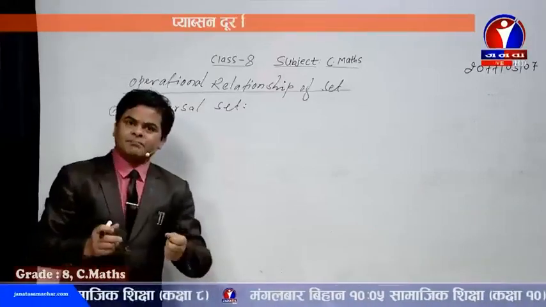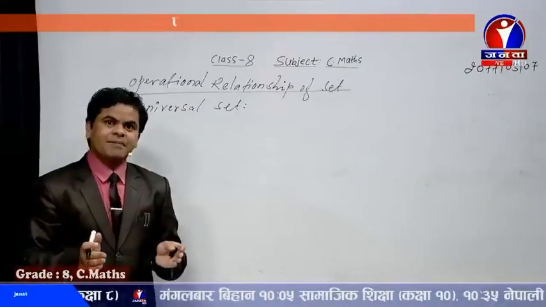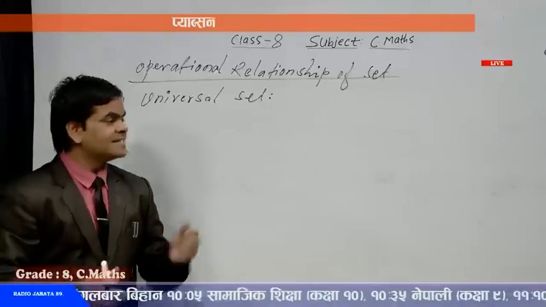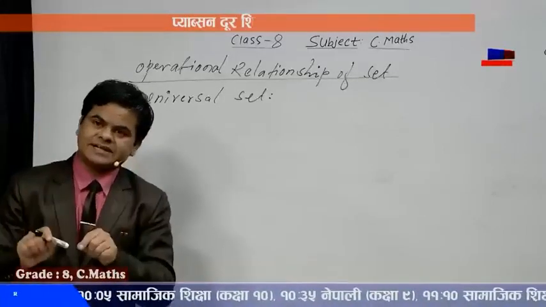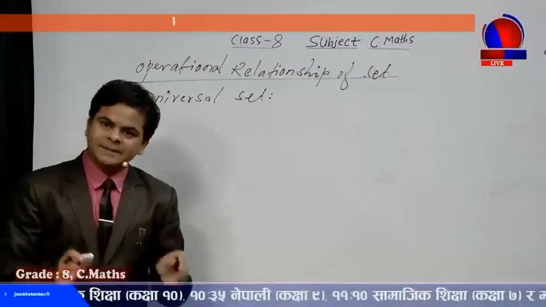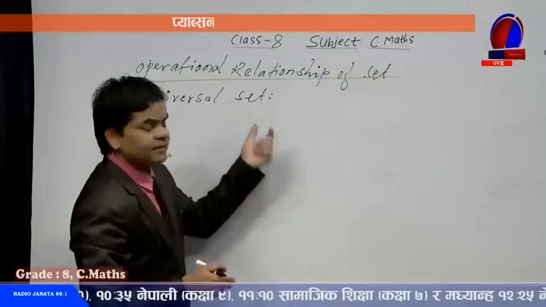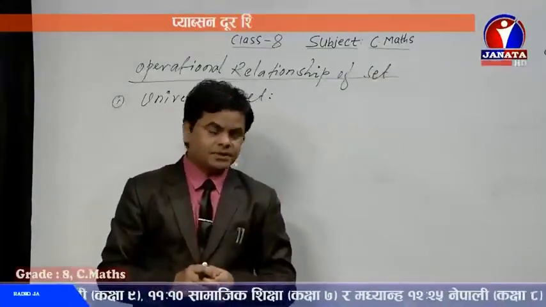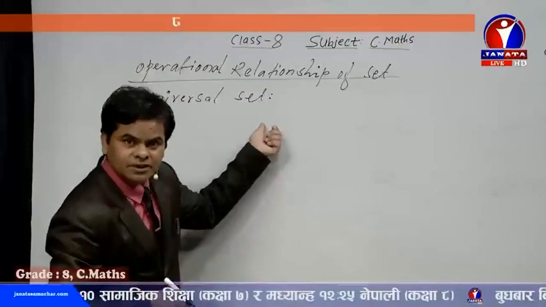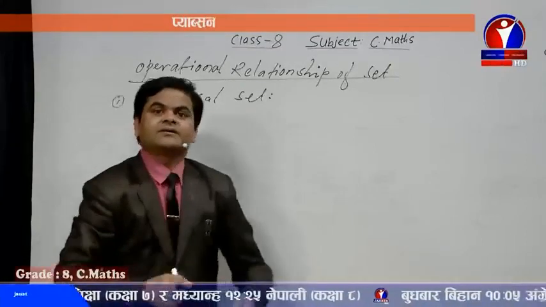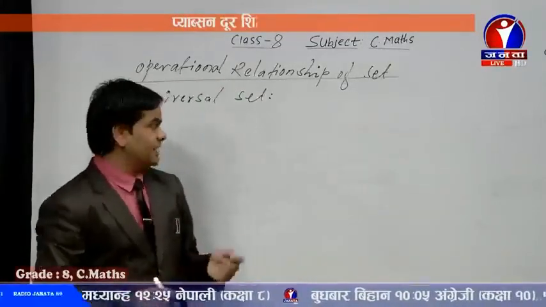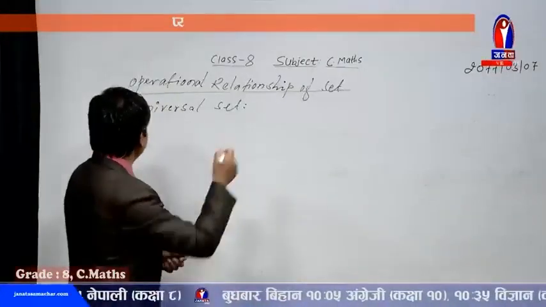Universal set will have the maximum number of elements, maximum number of members inside it, and through that universal set we make other subsets. So universal set refers to the set where there are the maximum number of elements. So that much only, dear students.